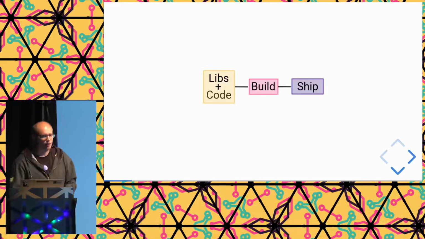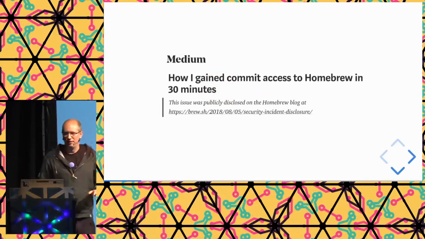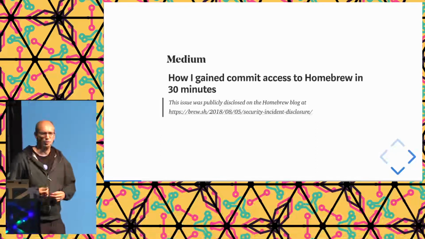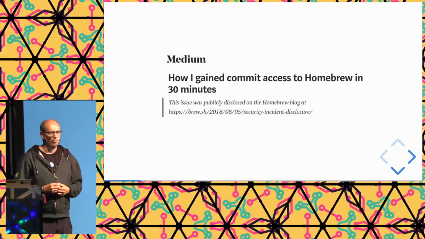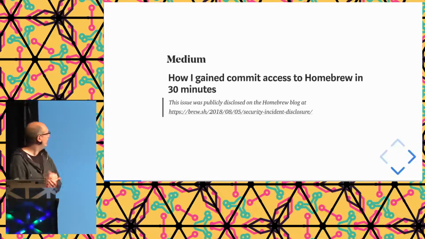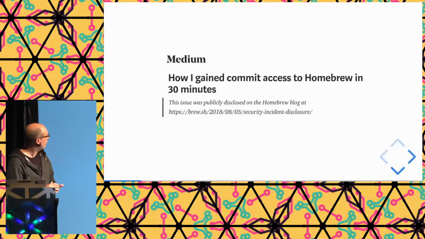So does this actually happen, you might ask? This sounds like a really niche thing, hackers putting things into your build process. But actually, I think this is an increasingly sensitive part of the software supply chain.